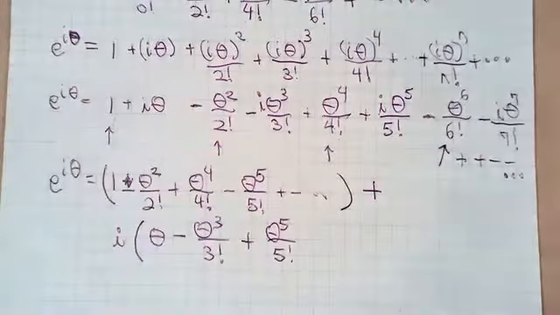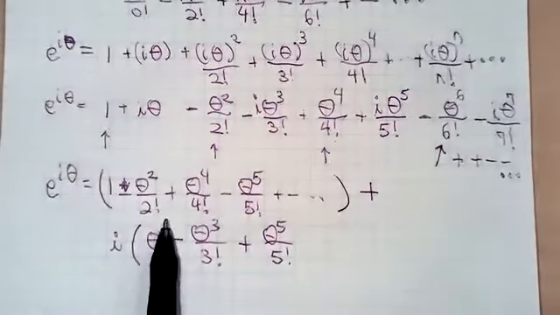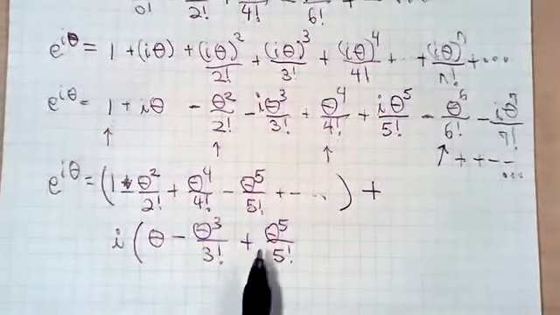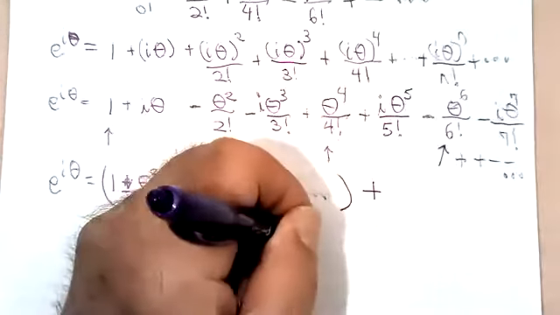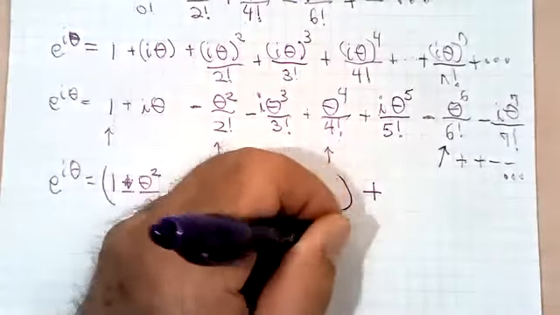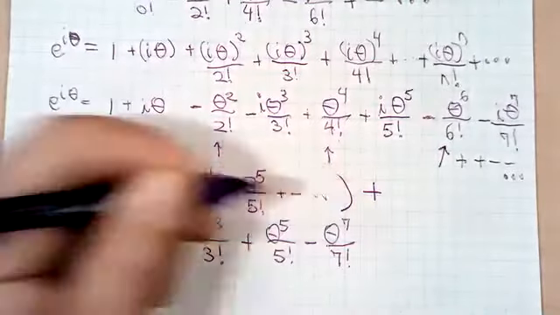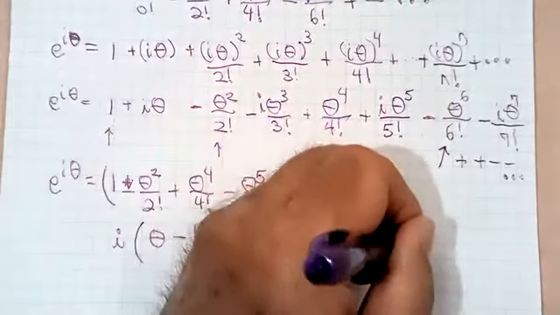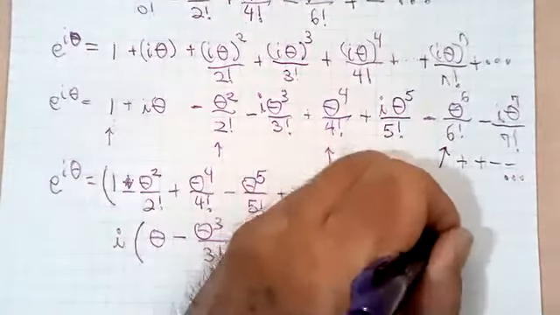And at this point, you probably guess: theta to the 1 over 1 factorial minus theta cubed over 3 factorial plus theta to the 5th over 5 factorial minus theta to the 7th over 7 factorial. And it likewise continues on as an alternating series forever and ever.